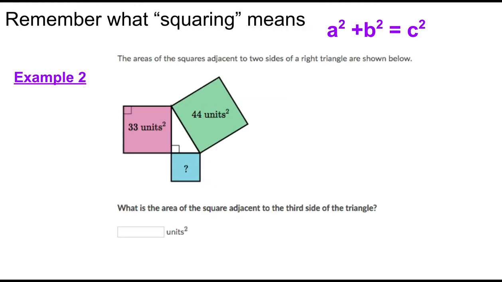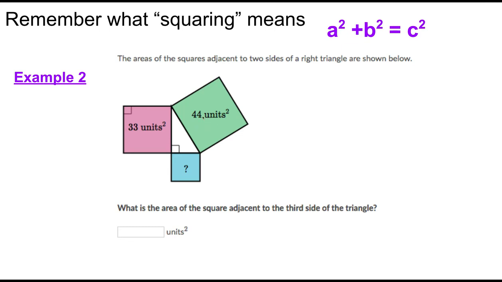Now, I want you to remember what it means when we say we're squaring something, right? When we say that the Pythagorean theorem is a squared plus b squared equals c squared, we're saying that the square made on one side, using one leg as a side of your square, and another leg as a side of your square, that the area of this pink and this blue would add up to make this green area here.